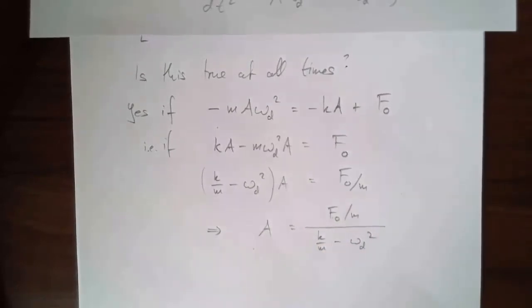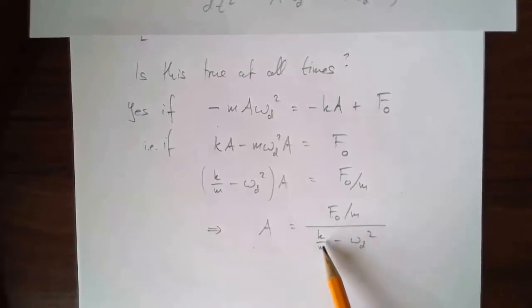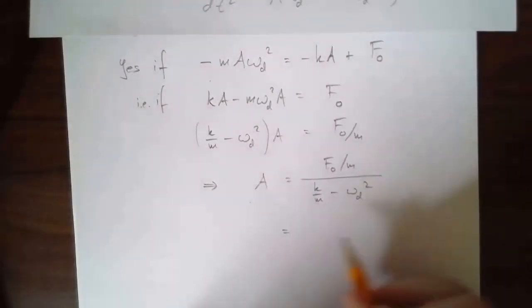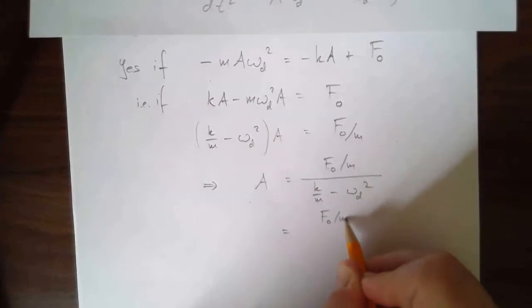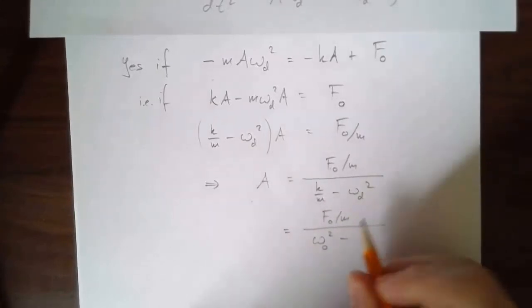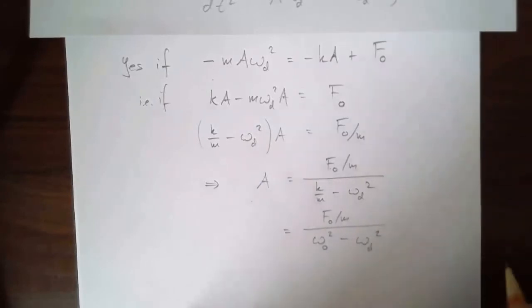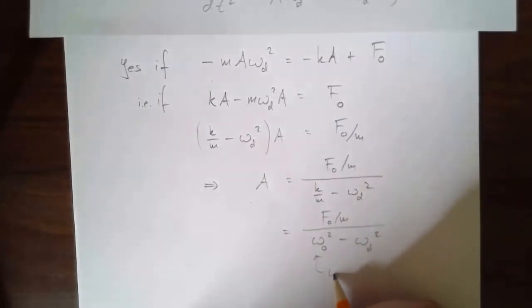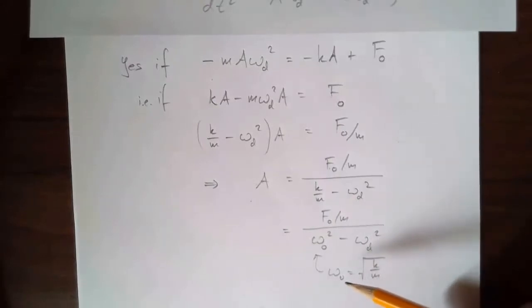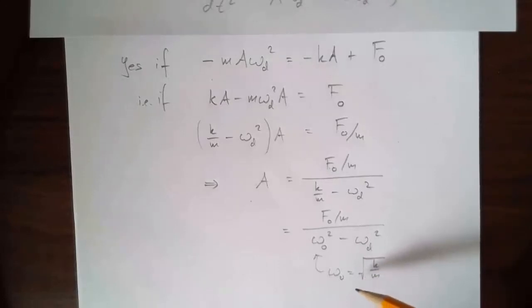What's k over m? K over m is omega squared, where omega is the natural frequency. So I can rewrite this as F naught over m divided by omega naught squared, we're going to call it that, minus omega d squared, where omega naught is the square root of k over m. That corresponds to what the system would be doing if there wasn't any driving force.